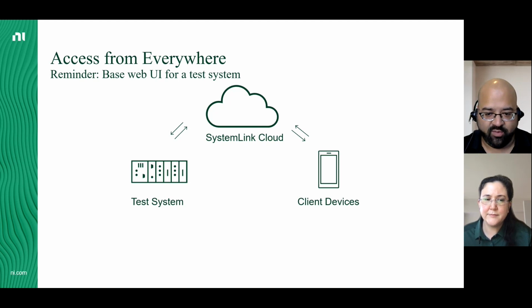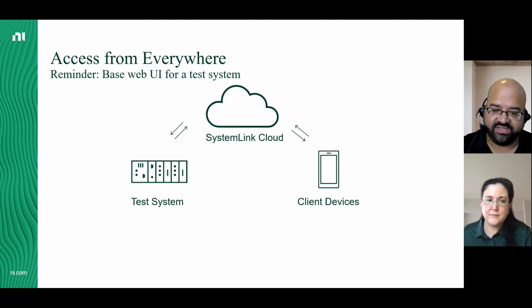We built that web application out into an NIPKG, which is essentially a zip file with the HTML, JavaScript, and CSS that represents the panel. Uploaded it to SystemLink Cloud, and we modified our test system to use those same APIs in order to talk to the WebVI. So this is probably the architecture, the configuration you would use for most web applications.